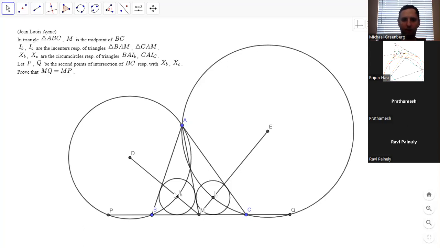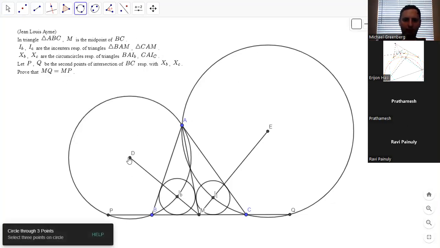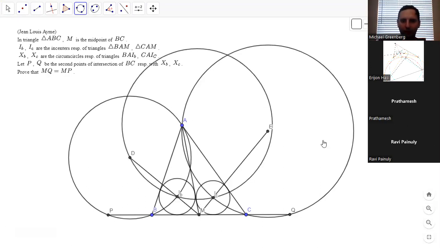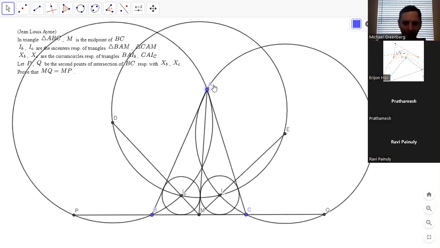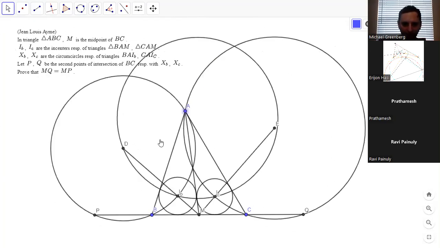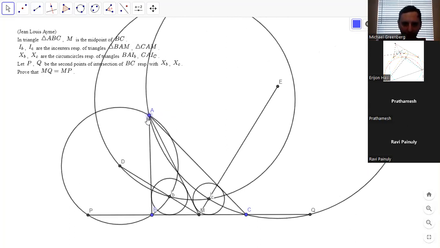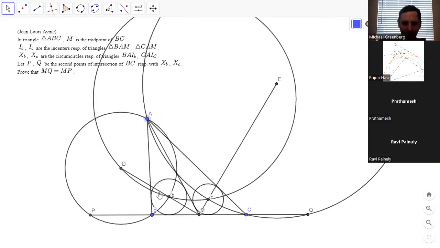Because once we prove that, then I think it's just, I wonder if this is cyclic. Oh, you know what? I don't know if they are actually collinear. I think it might be an illusion. This isn't cyclic, and since it's not cyclic, I don't know if these are actually collinear.